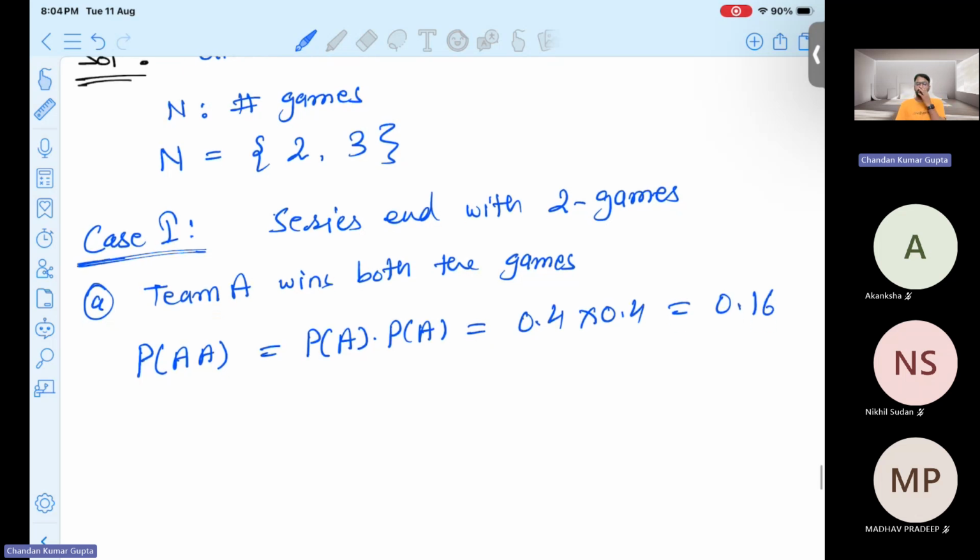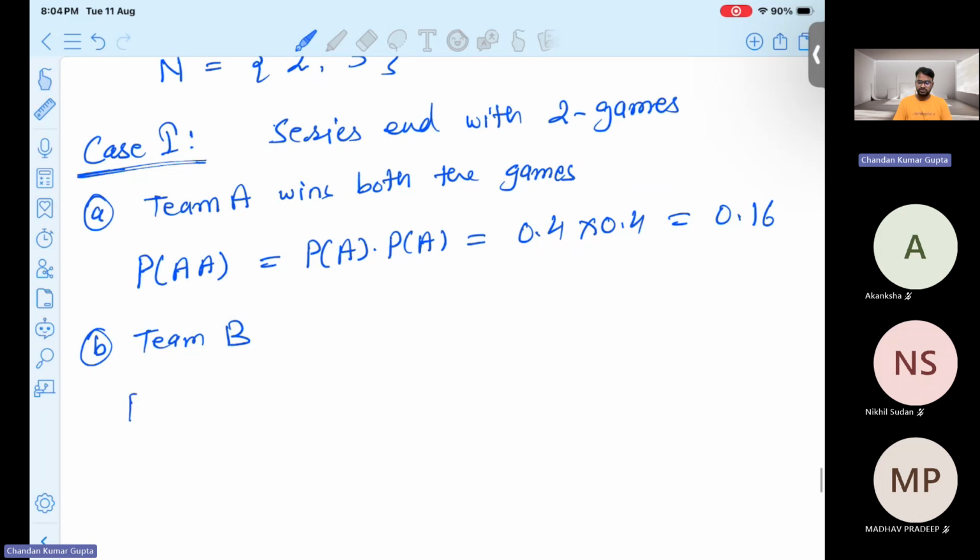So the probability that both the first and second game will be won by team A is 0.16, that is 16%.